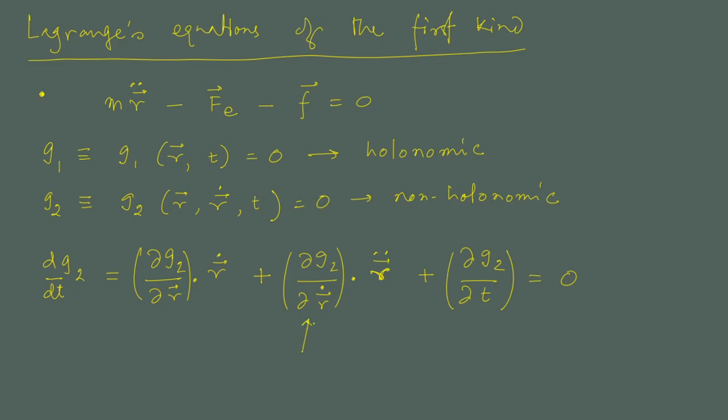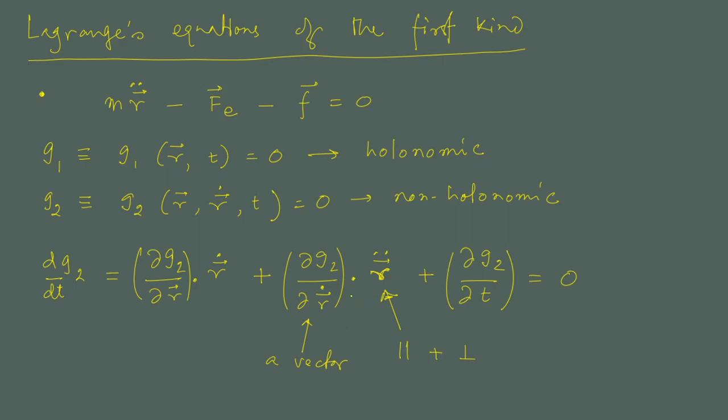Now, this is a vector coming from the constraint, and this is the acceleration of the particle. We can break it into two parts. One is a parallel component to this vector and the other a perpendicular component to this vector.